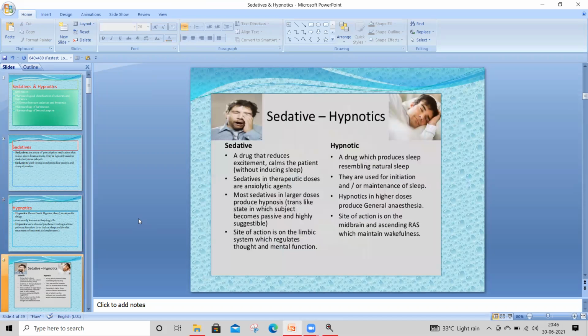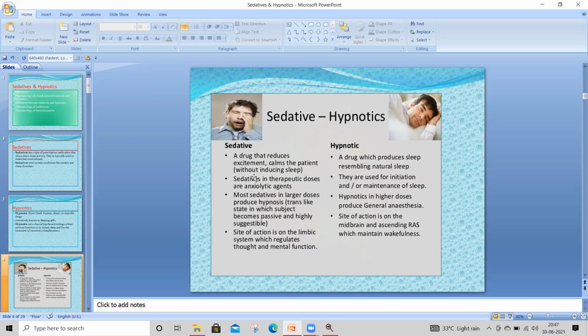Next, you have to know the difference between sedatives and hypnotics. The main difference is sedatives are the drugs which reduce excitement, or you can say CNS depressants. And hypnotics are the sleeping pills, used for inducing sleep as normal sleep.